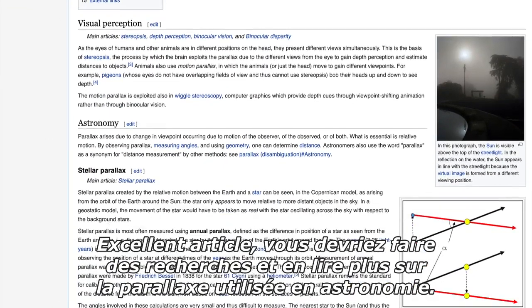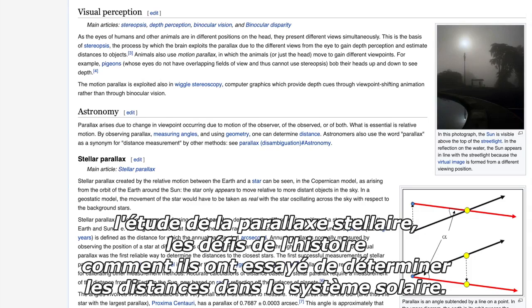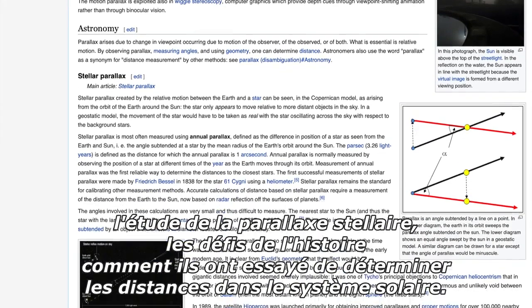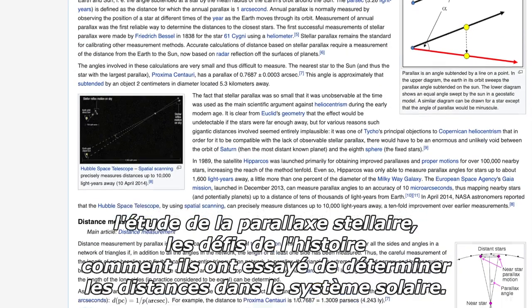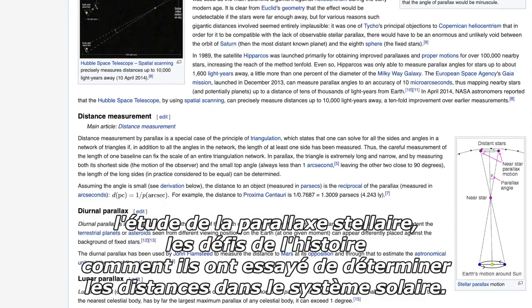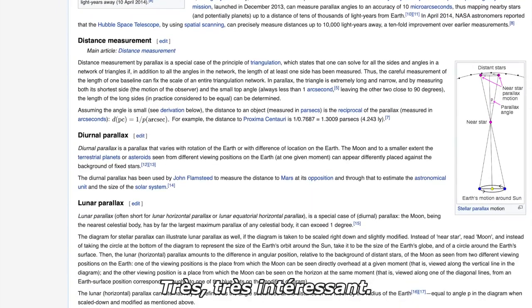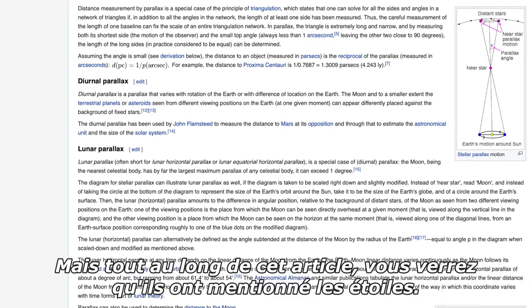You should browse it and read more about parallax used in astronomy, looking for stellar parallax, the challenges, the history, how they've tried to determine the distances in the solar system. Very interesting. But all throughout this article, you will see that they mention the stars.